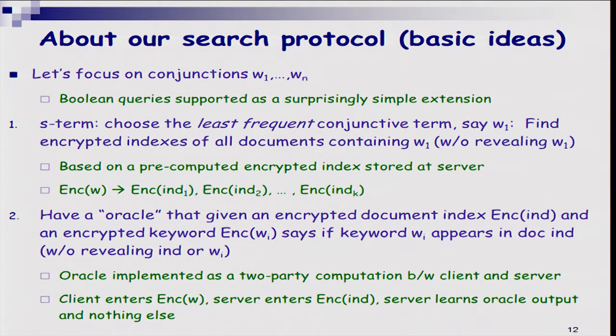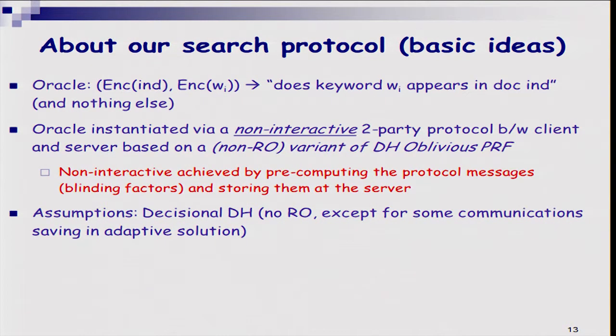Client enters its input, the encryption of W. Server takes the encryption of the index that is taken from this list. Server learns whether W is in the document, but nothing else. So again, we have that oracle that goes from a pair, encrypted index and encrypted W, to the question: does keyword W appear in document ind? We instantiate it as a two-party computation, which is non-interactive.